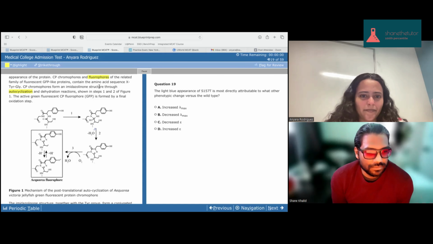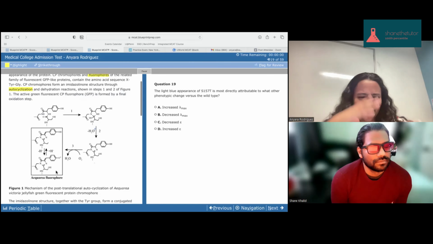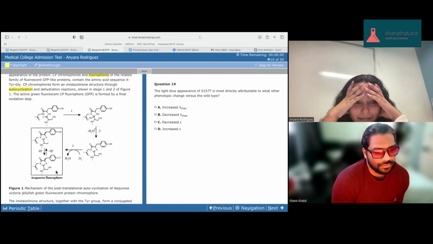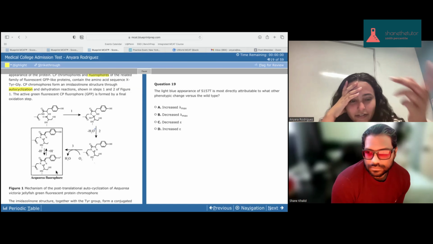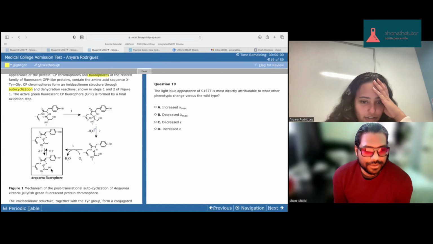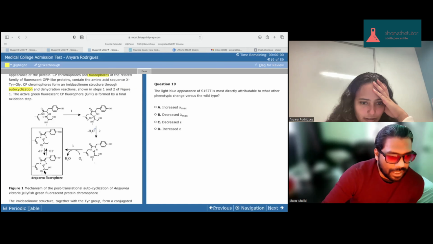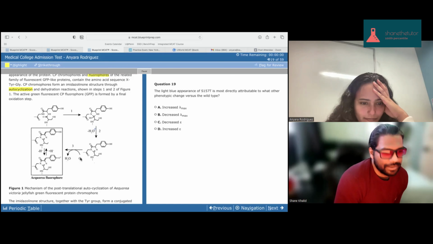So this should be a final oxidation step. I see the reduction of the oxygen is coupled to this oxidation here. I think this would be the oxidation step, step 3.